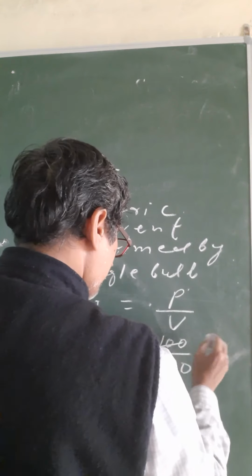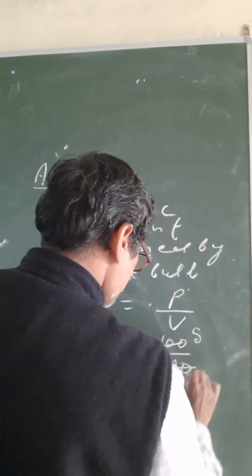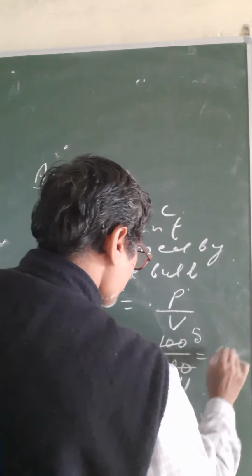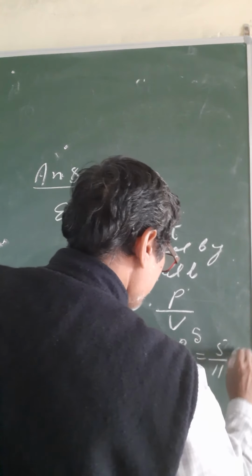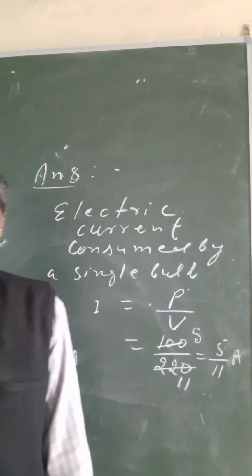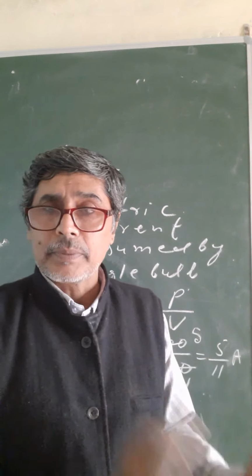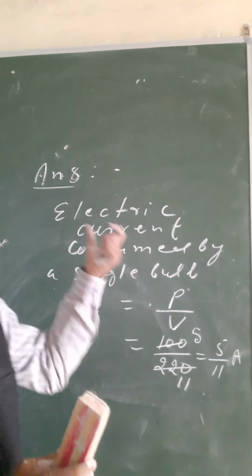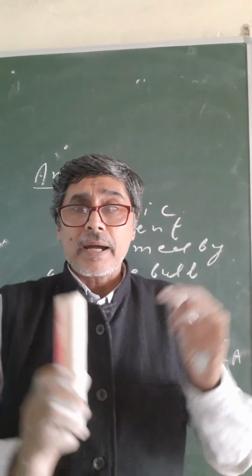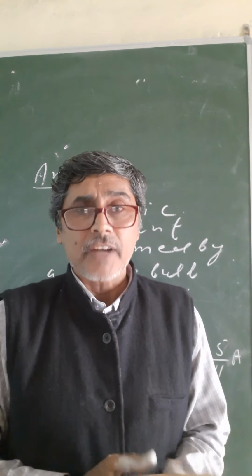So we can solve: 5 by 11 ampere current is used by a single bulb, and the total current rating of the circuit is 5 ampere.